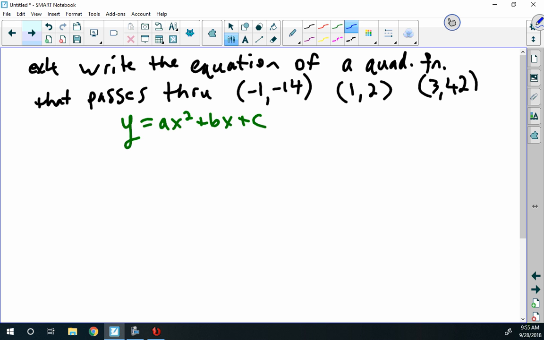We know x sub 1, y sub 1. We know x sub 2, y sub 2. And we know x sub 3, y sub 3. So maybe we could make some substitutions and get 3 different equations and have 3 variables and solve a system. Oh man.